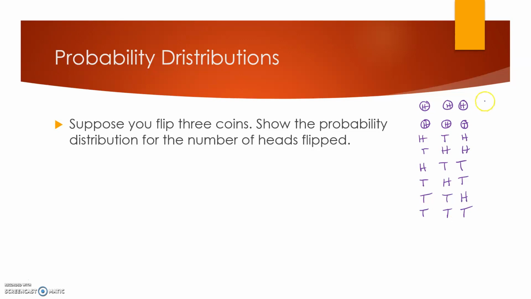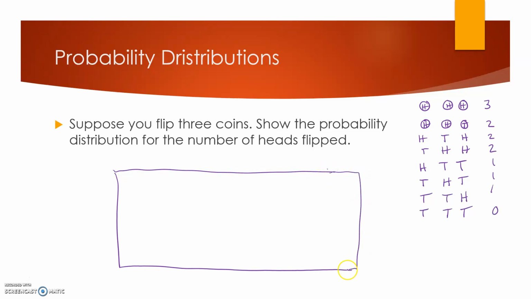So here I had 3 coins come up heads. There's no other way to rearrange those. They all came up heads. Here I had 2, and then I had 2 and 2. Here I had 1, 1, 1, and here I had 0. So what I'm going to do is I'm going to make a table like this.